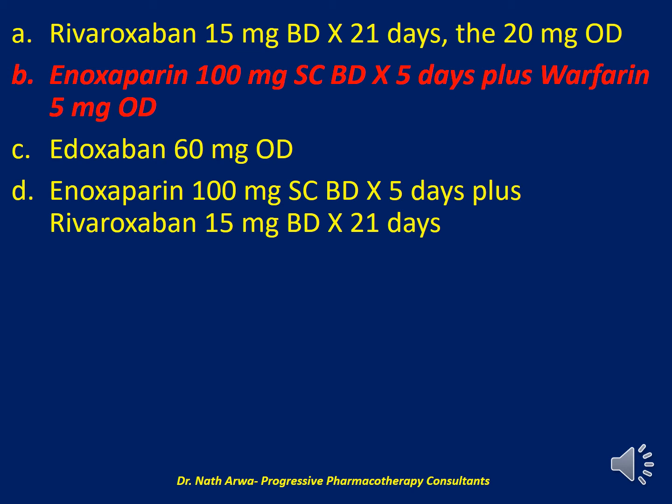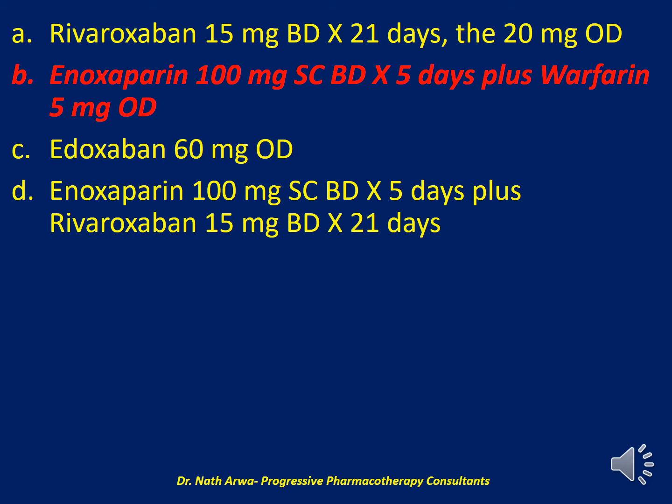Now, edoxaban should be used in patients with creatinine clearance above 95, and if the creatinine clearance is between 15 and 50, the dose should be reduced from 60 to 30 milligrams orally once a day. So that dose would not be suitable for our patient or our case.